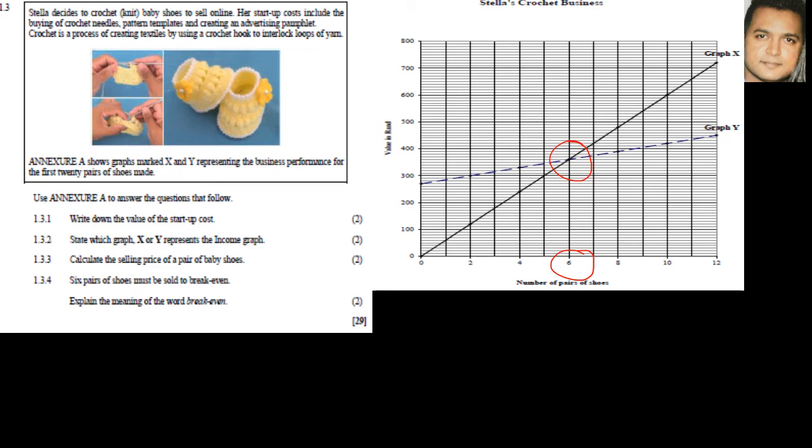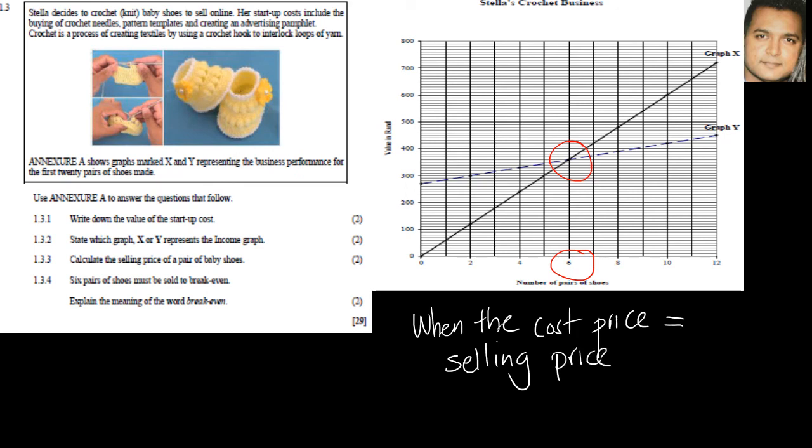So the break even is when the cost price equals the selling price, or we could say the income equals the expense, and at this point no profit or loss is made.